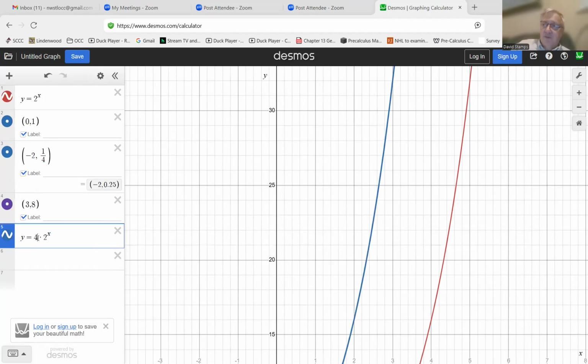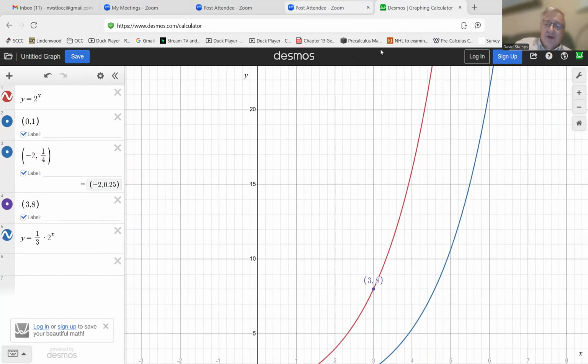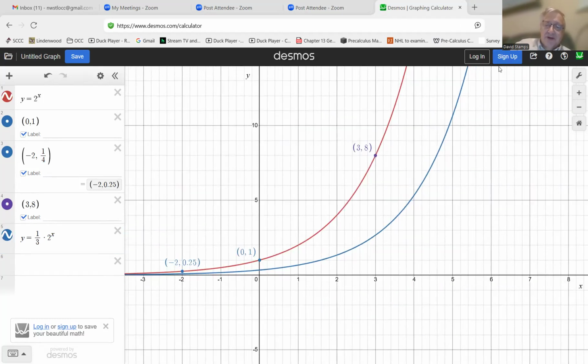Now, if I, instead of multiplying by a number greater than 1, let's say I multiply this by, I don't know, maybe 1/3. Then, instead of stretching, the graph is compressed, and the y values that were on the original red graph, y equals 2 to the x, are only 1/3 of what they were before.